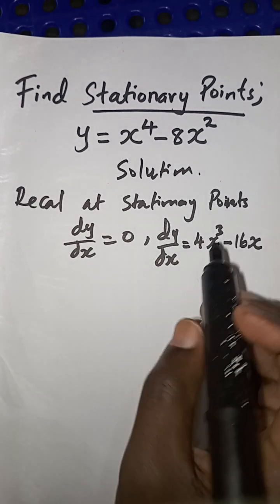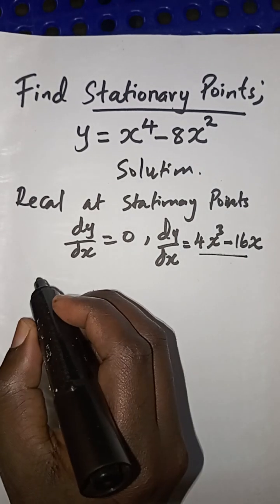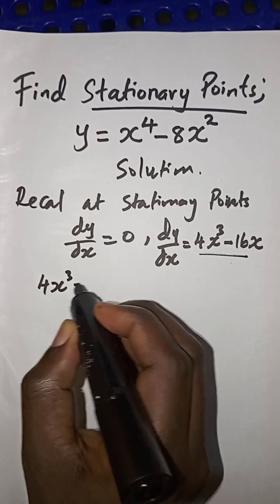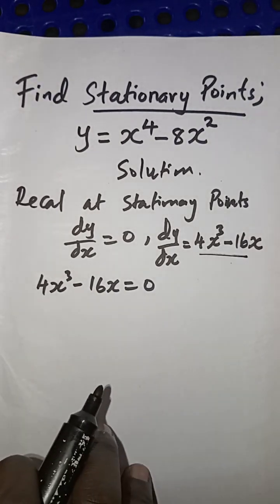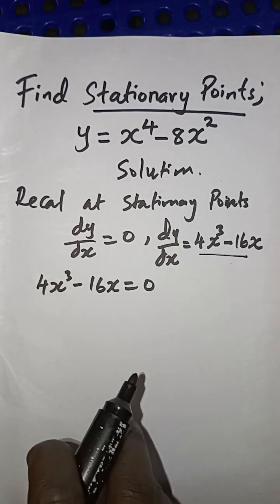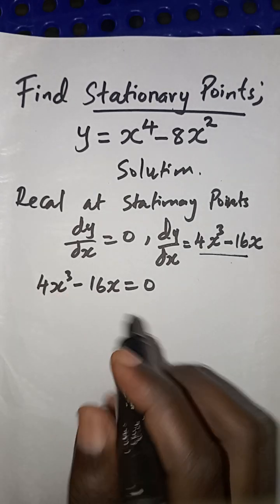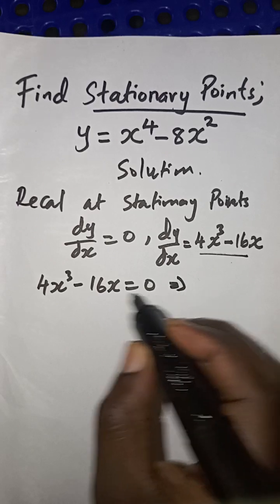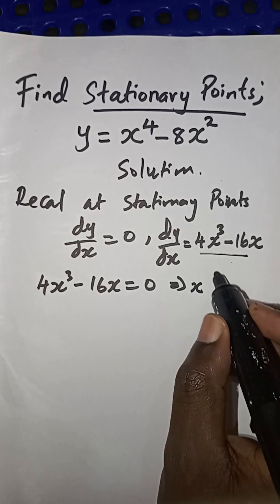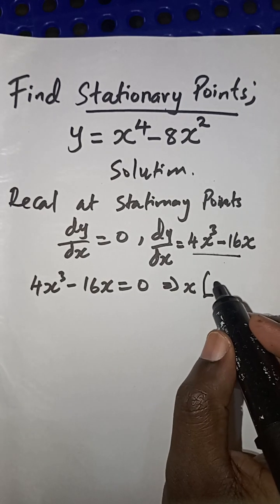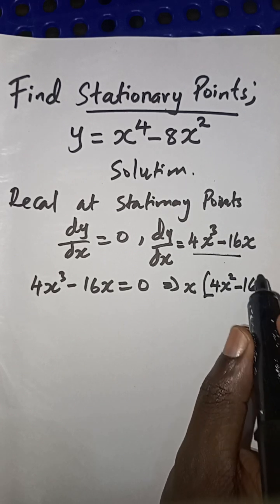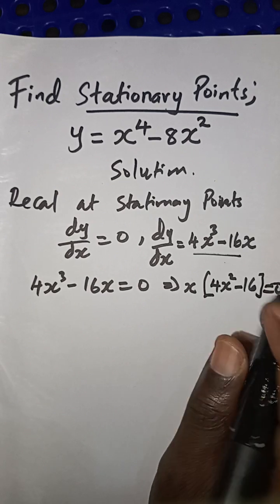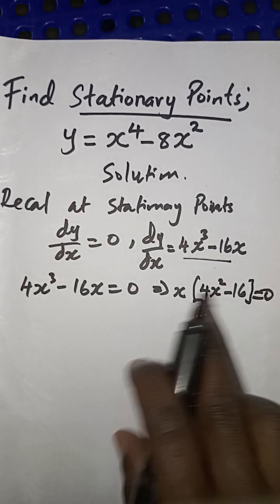Next step. Equating this to 0, I'm going to have 4x to the power 3 minus 16x equal to 0. For me to solve this, I can factor out x so that I end up with x times (4x squared minus 16) equal to 0. So this is a product of two functions.